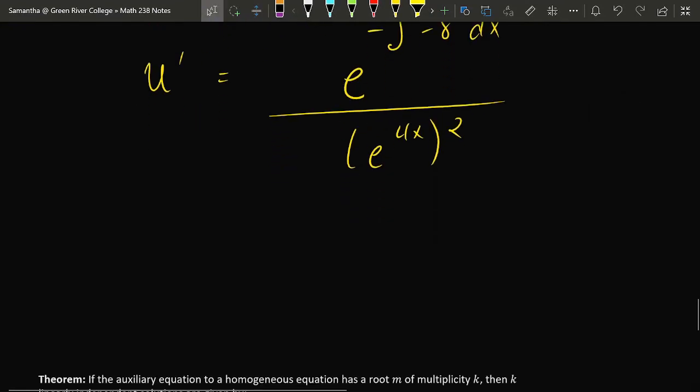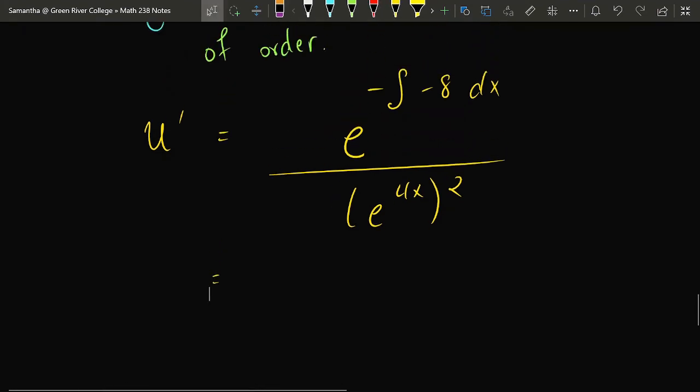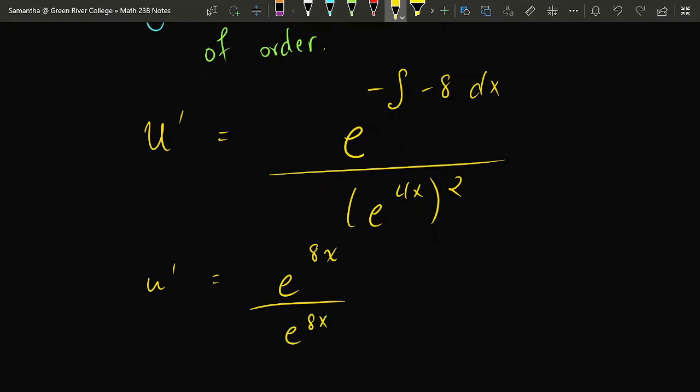Now this can be simplified. In the numerator, the integral of negative 8 would be negative 8x. So because of that second negative sign, it would change to e to the positive 8x. Meanwhile, in the denominator, e to the 4x squared would be also e to the 8x.